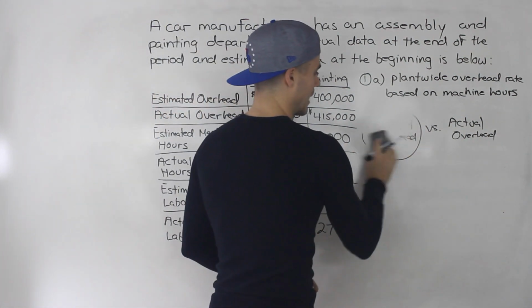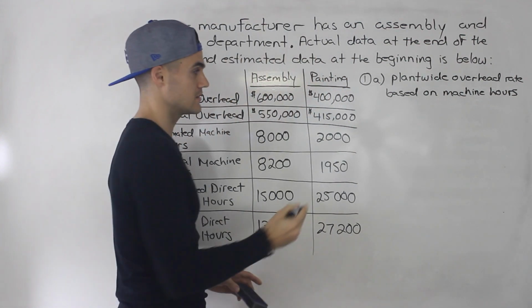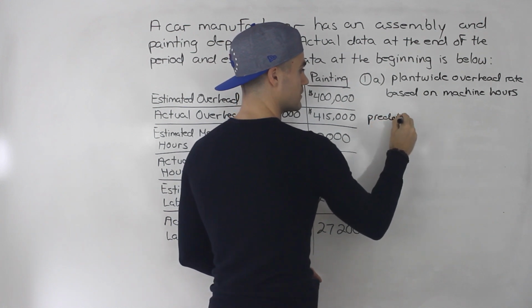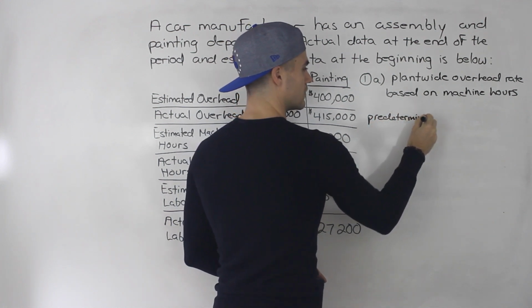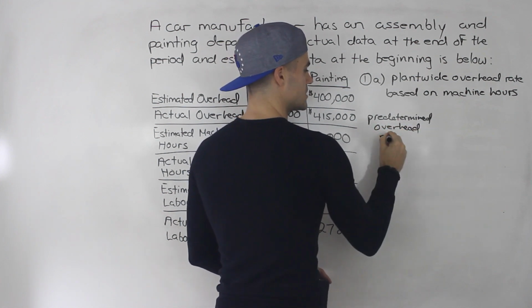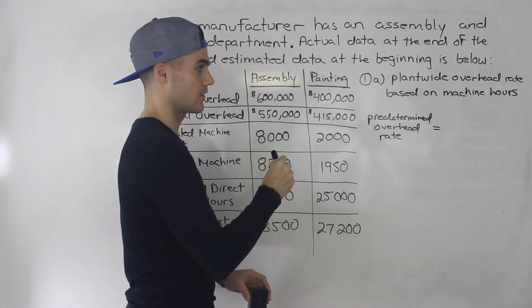So how do we calculate applied overhead? Well, if you remember, there are steps, right? The first thing we need to get is the predetermined overhead rate. And just in general, what is the predetermined overhead rate?